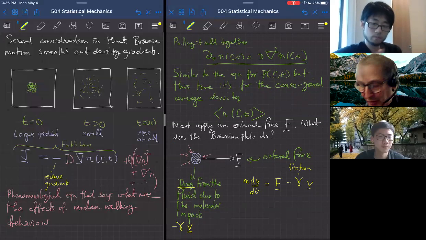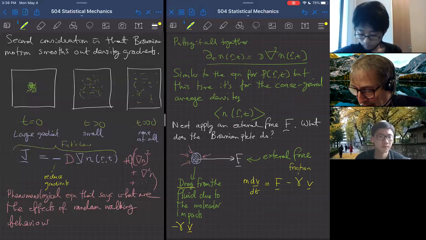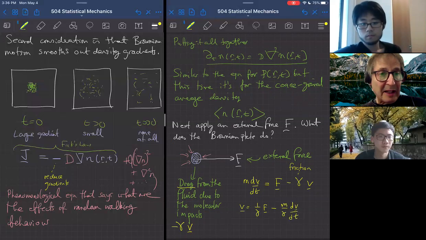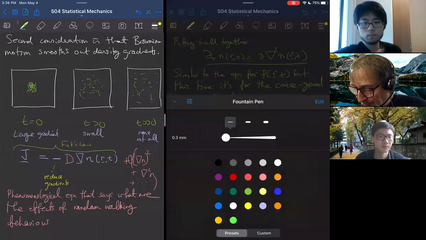So if I wanted to solve that, I could write the solution down like this. So v is equal to 1 over gamma times F minus m over gamma dv by dt. And I'm going to assume that the drag is very large.